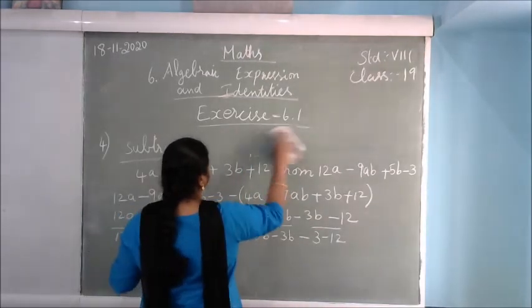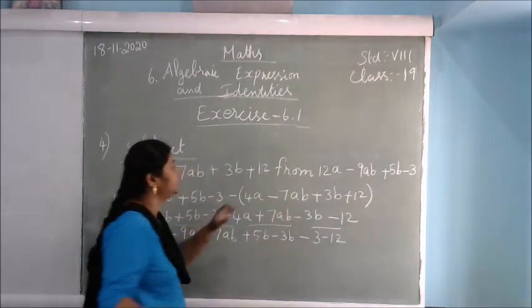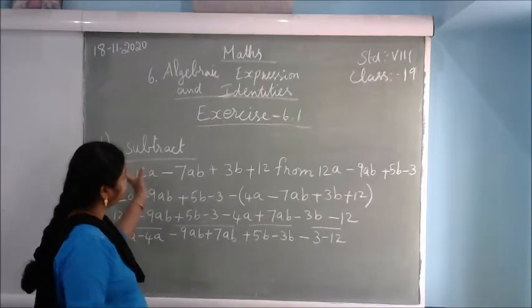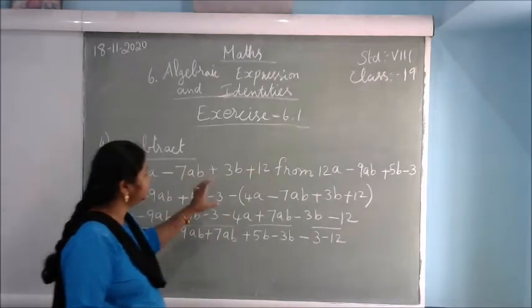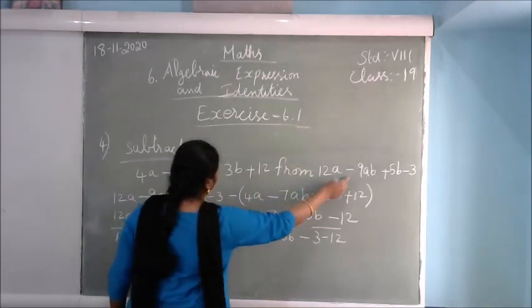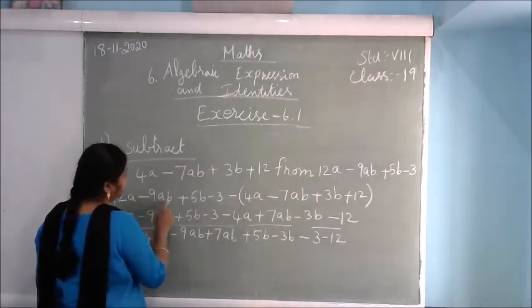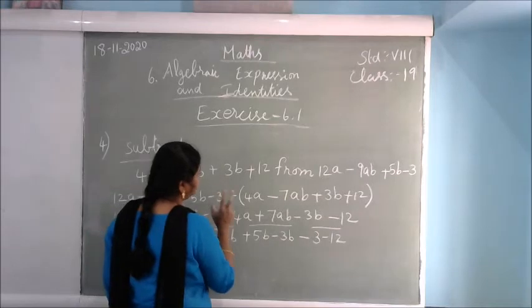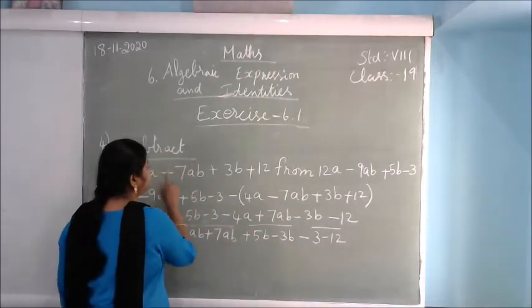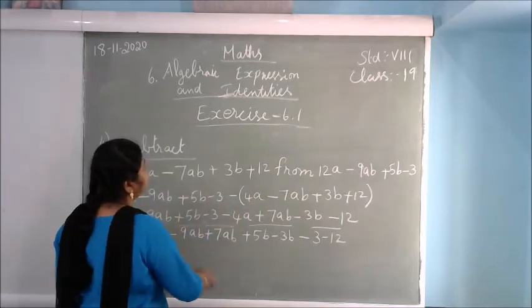From means the second expression, whatever is there, you have to write it in front, and the first expression you should write next with the minus sign. That's why the second one, 12a minus 9ab plus 5b minus 3, I wrote first, and afterwards minus I wrote this expression. How many terms are there? 4 terms, no?